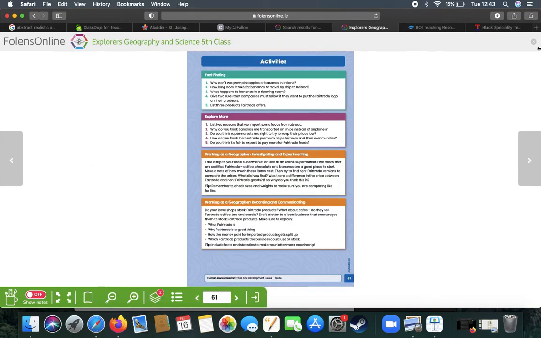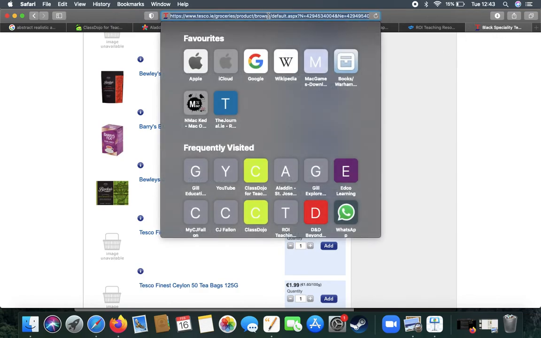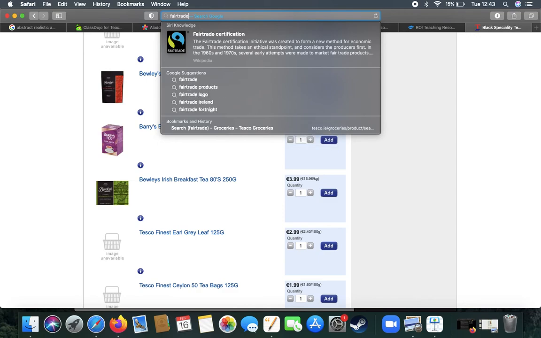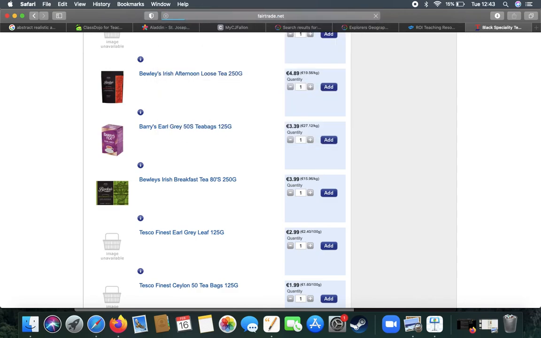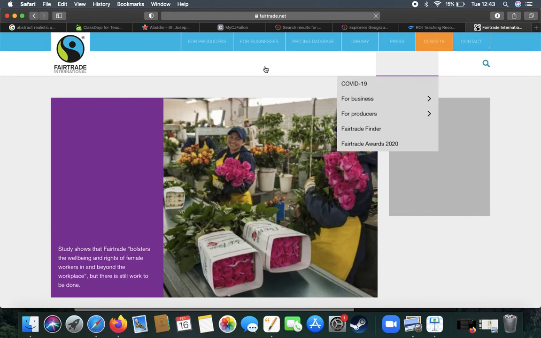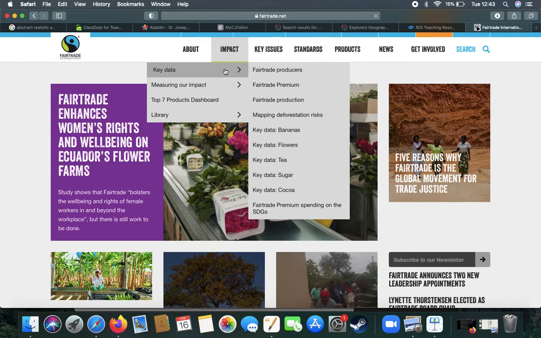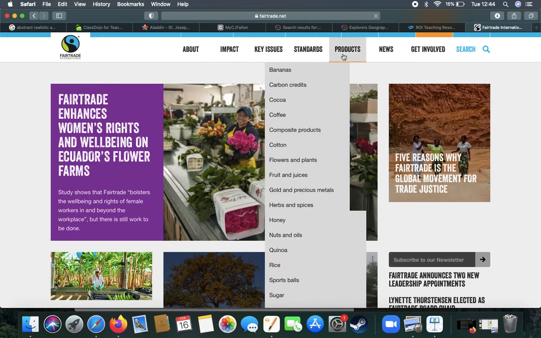Now they mentioned on this website, on Tesco, fairtrade.net or something like that. So I'm going to see if that is a real website. Yes, it is. So you could look there for some data. Look at this. So there's information and facts on bananas, flowers, tea, sugar, cocoa, and the producers, the products.